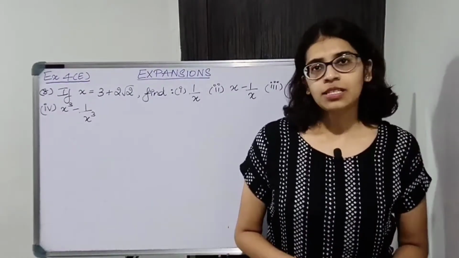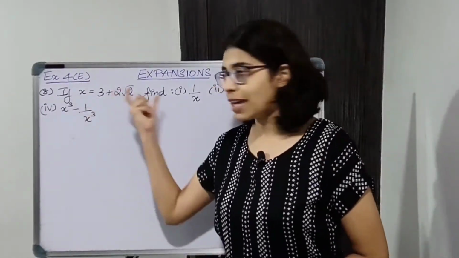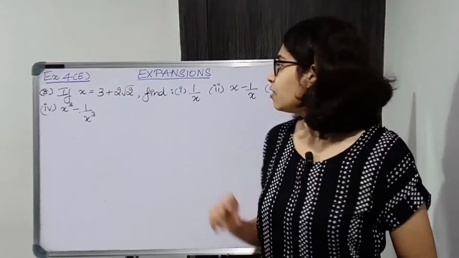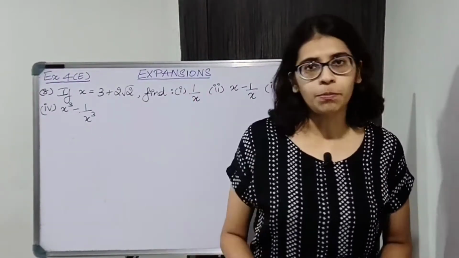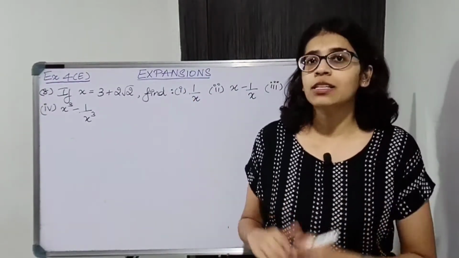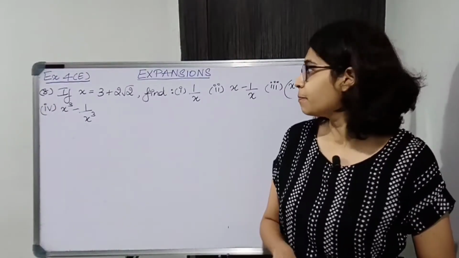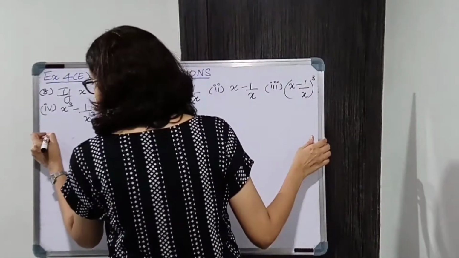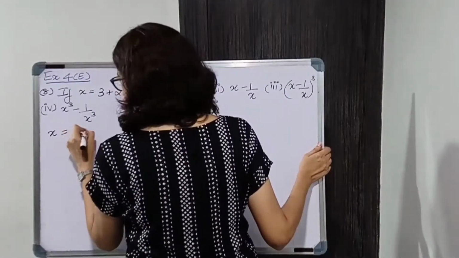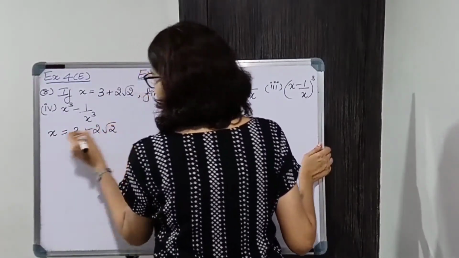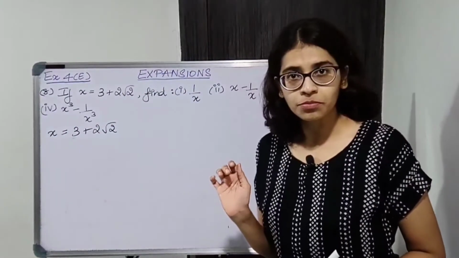Now students, we are given the value of x, and we have to find these four subparts. So let us start with the first sub question. 1 upon x का value find करना है. So first we'll write down the value of x. It is 3 plus 2 root 2.